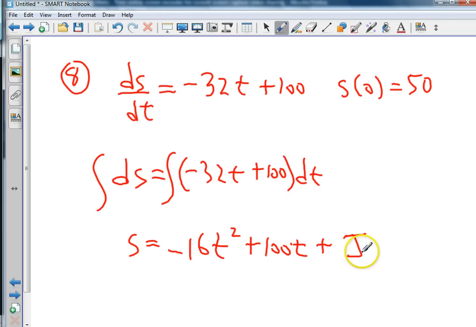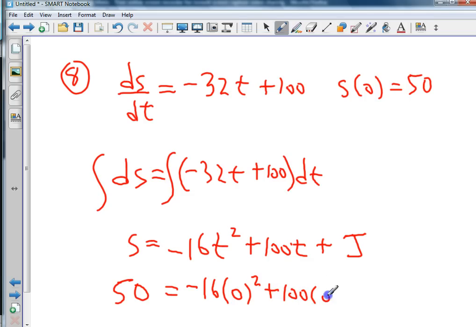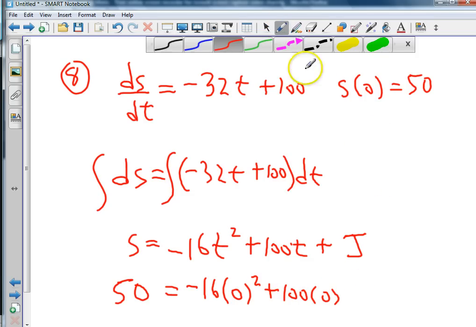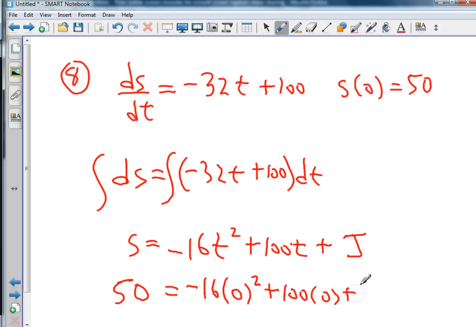All right, so how do you resolve the constant of integration, the j in this case? S is equal to 50 when t is equal to 0. And it's nice when they give you zeros here because things drop out. That doesn't have to be, though. So everything drops out, right? So what's j? You and your negatives. Did you say negative 50? You're subtracting 100. I'm subtracting nothing, baby.